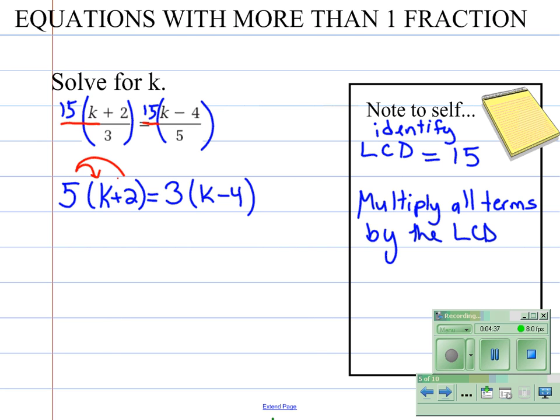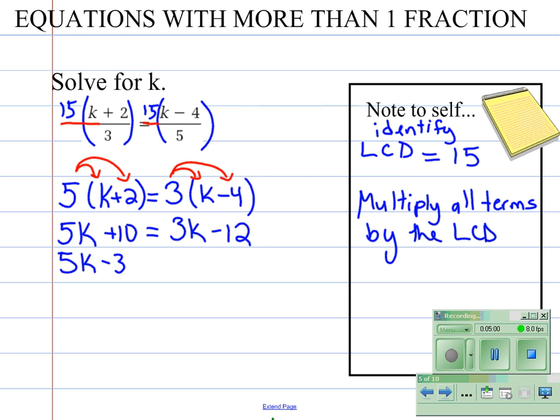Next step is to distribute. Okay, so we're multiplying. 5 times k is 5k. 5 times positive 2 is positive 10. 3 times k is 3k. 3 times negative 4 is negative 12. Collect like terms. We have 5k. We're going to move the 3k, it becomes negative.